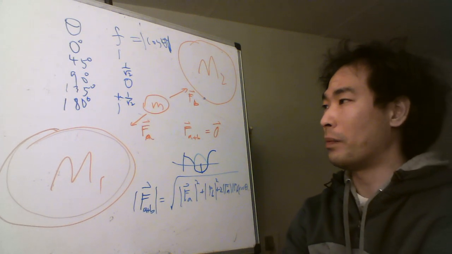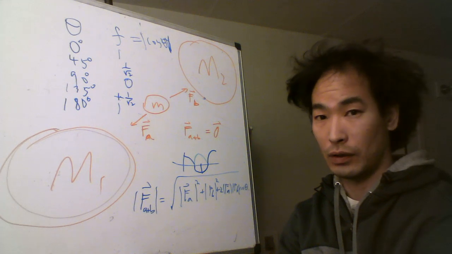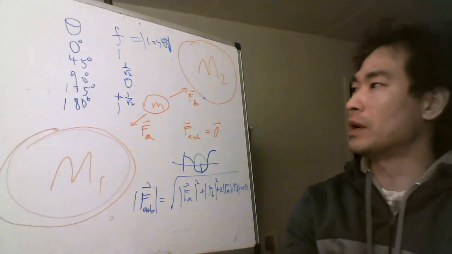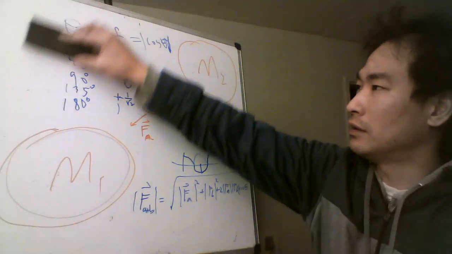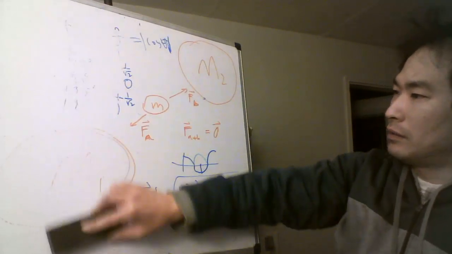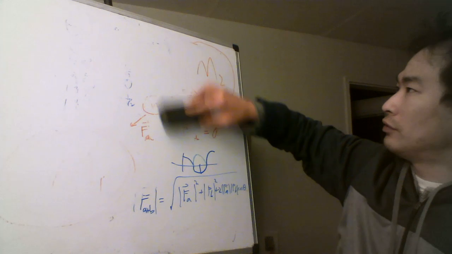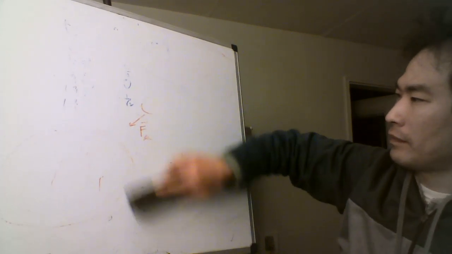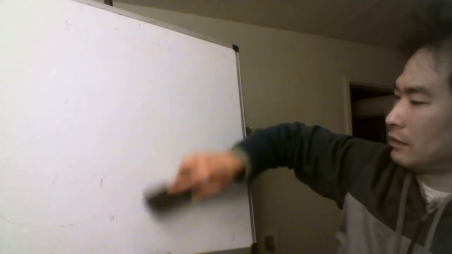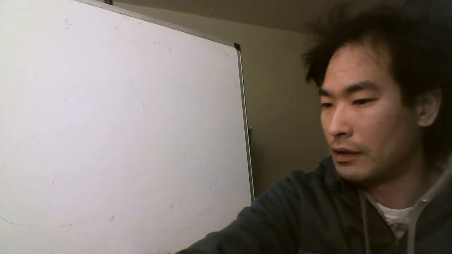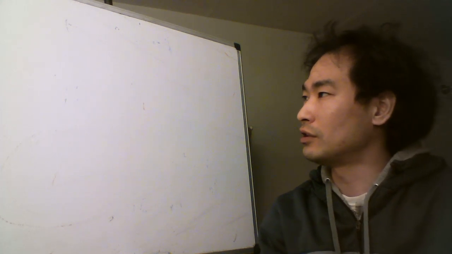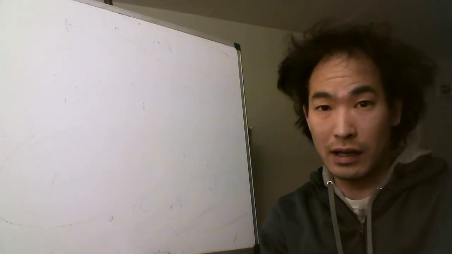Now, we go back to one dimension, because we need to think about push and pull, all right? Because we're trying to generalize. Push and pull, can we express it in terms of just theta, angle?